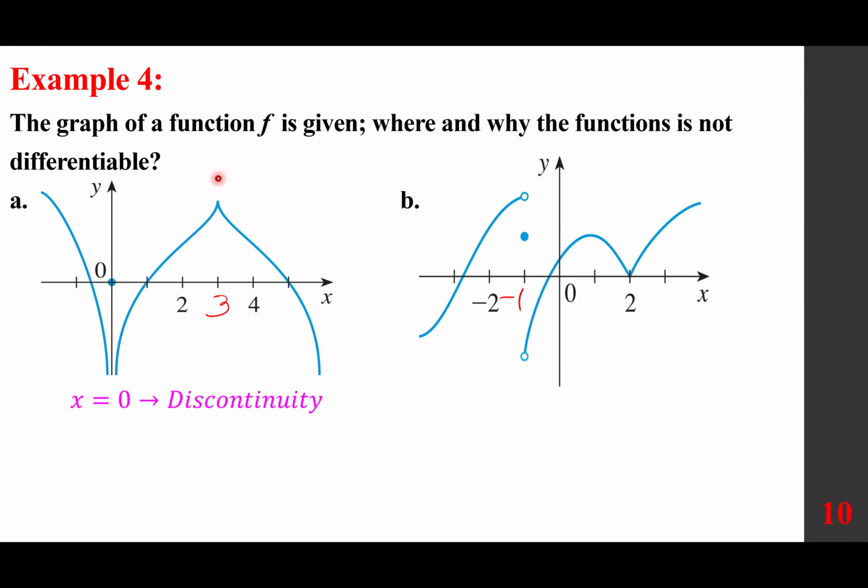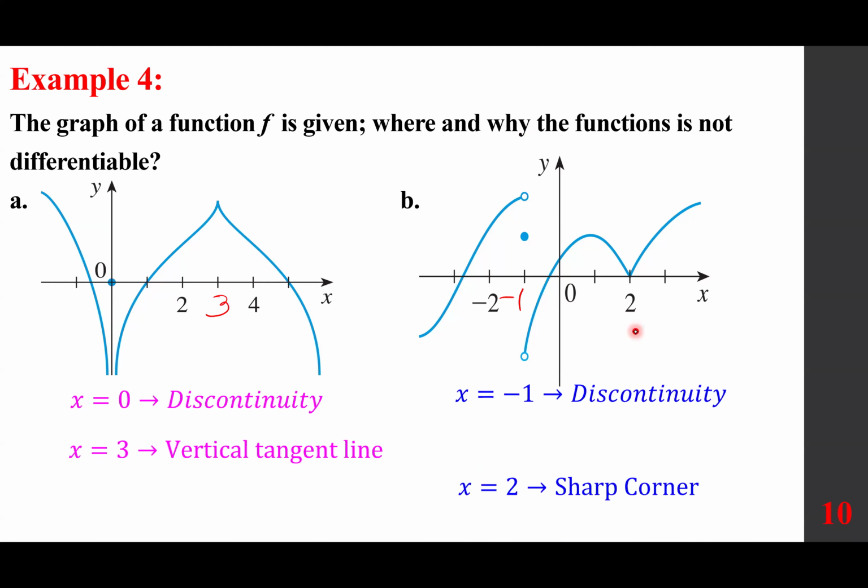At x equals 3 is a vertical tangent line. And I want to quickly explain the difference between that and a sharp corner. So give me a moment. This one, definitely at -1, there is a discontinuity. At 2, there is a sharp corner.